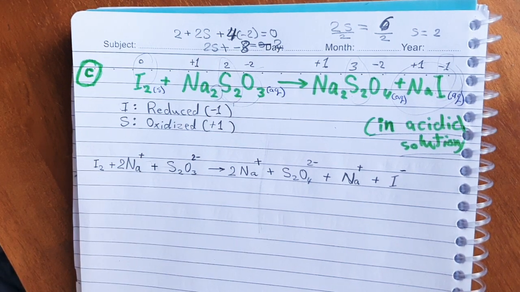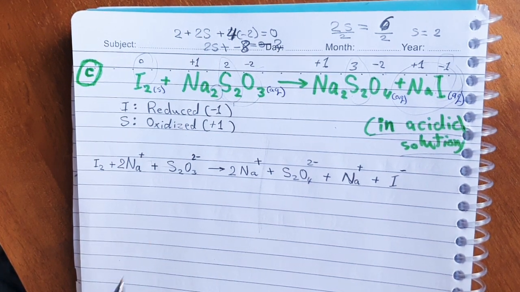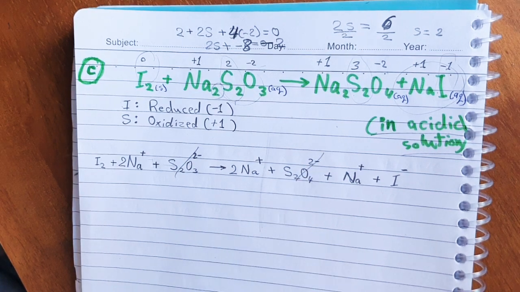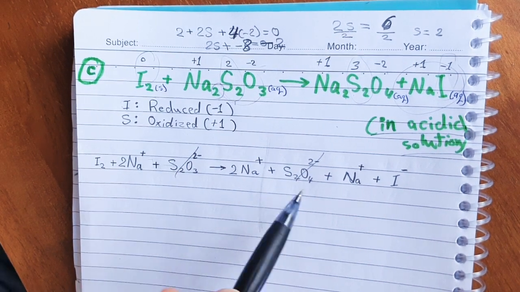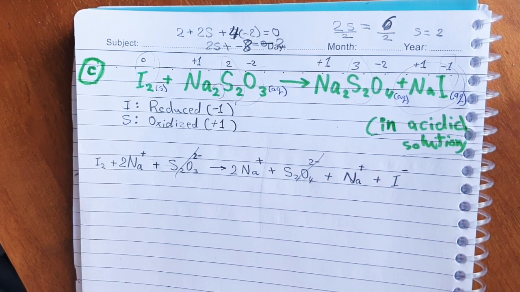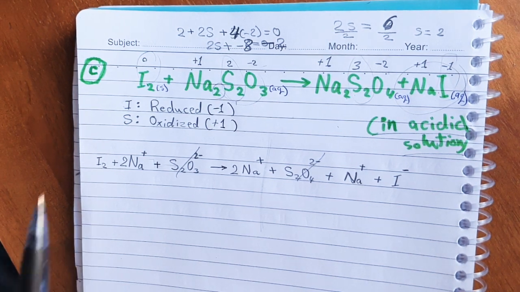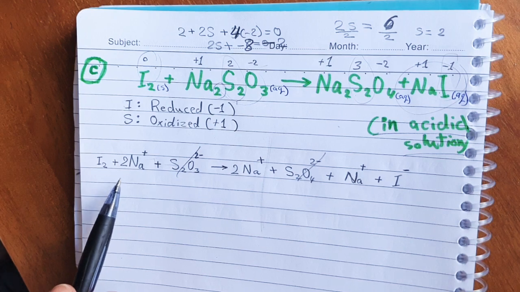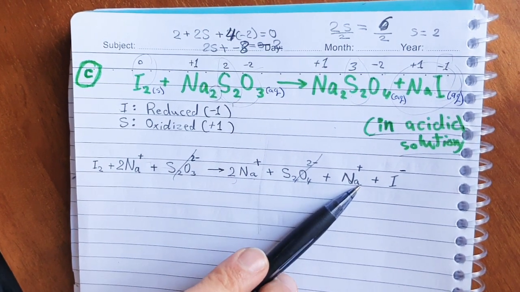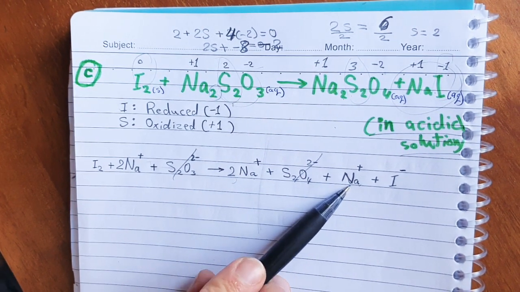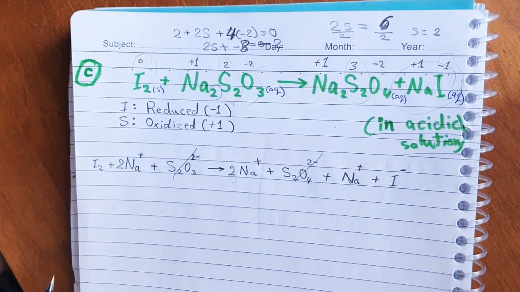Cancel out anything that could be cancelled. This thing could be cancelled, which is a very good thing. And what else could be cancelled? You'd be tempted to cancel the 2Na with the 2Na, and then you'd have a product Na. Not cool.